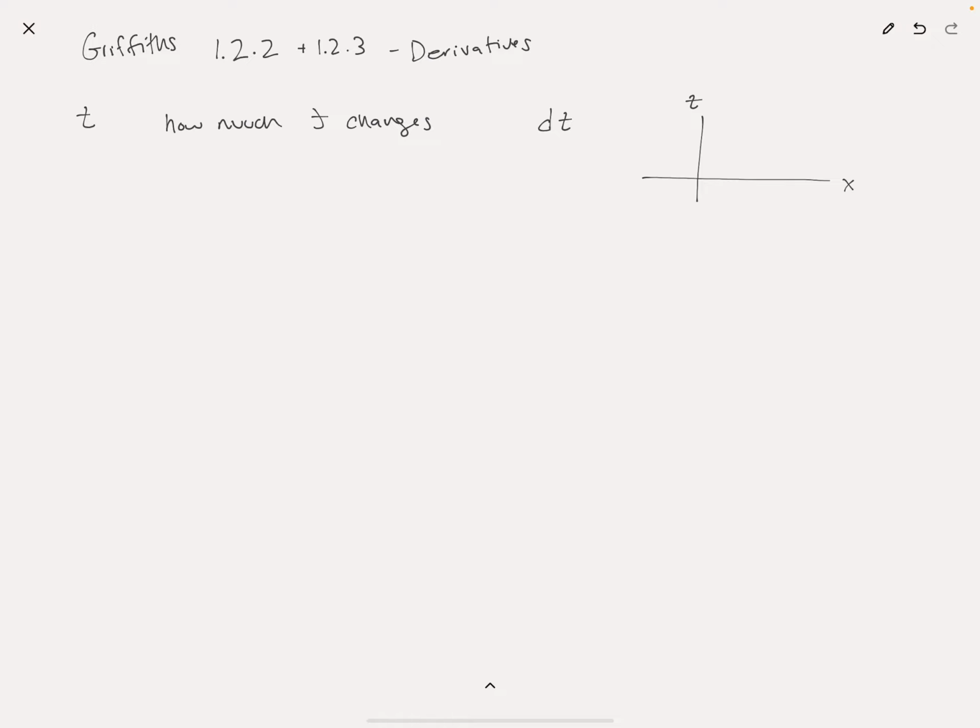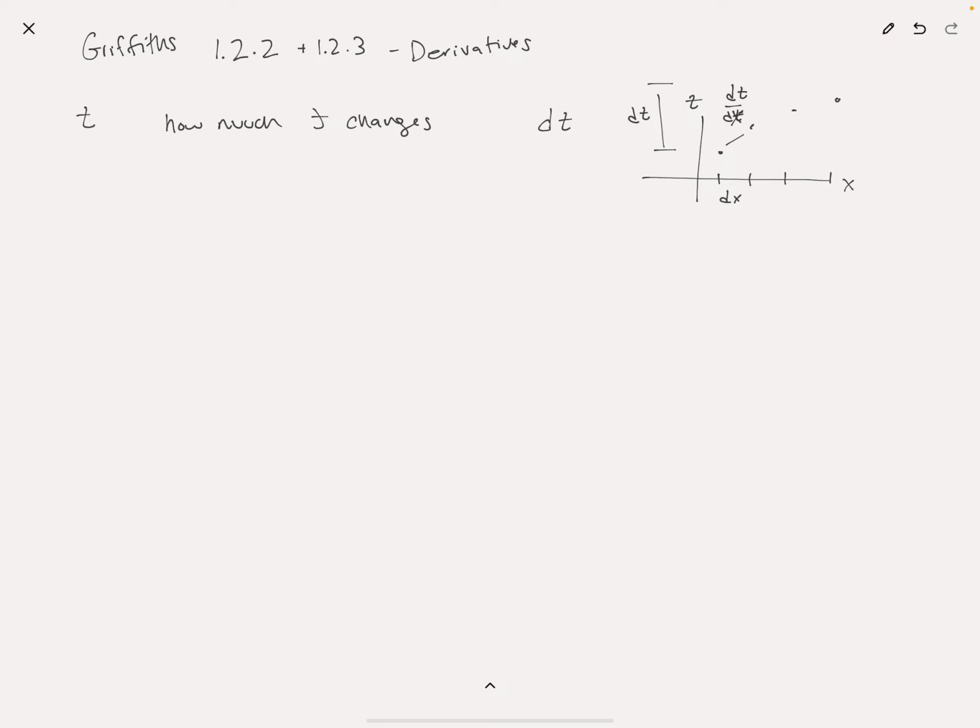I can go ahead and evaluate my function at different points, and I can see the total change in that function as just the infinitesimal changes along infinitesimal changes in my independent variable, right? So I can evaluate that change dx, which is just connecting these two points, and that is dt/dx, right?